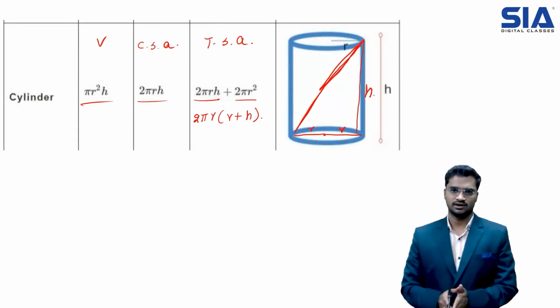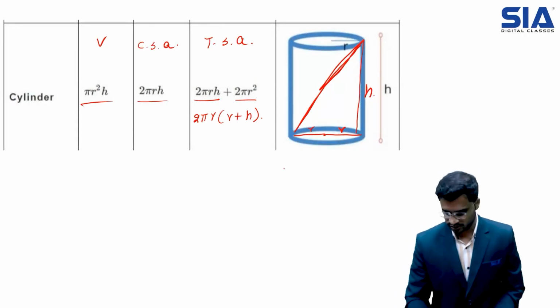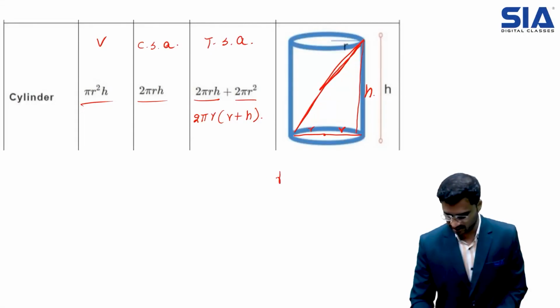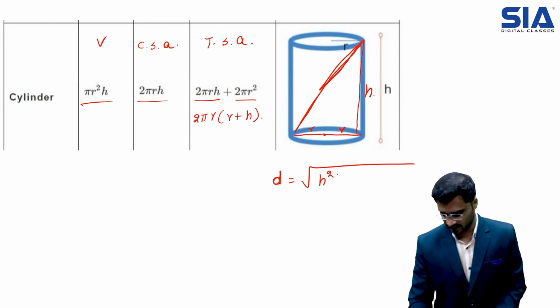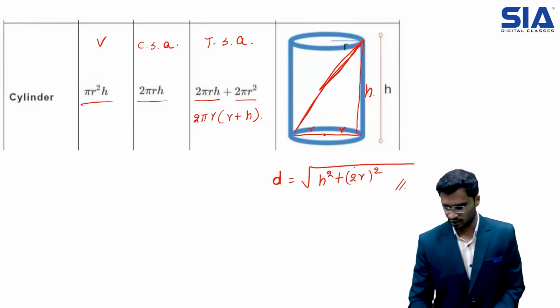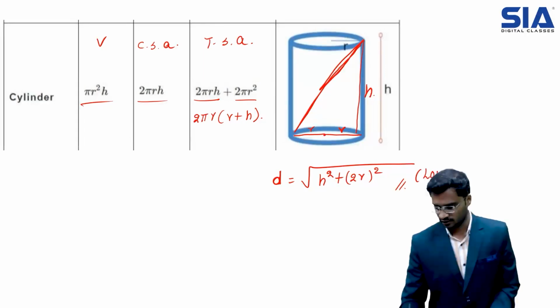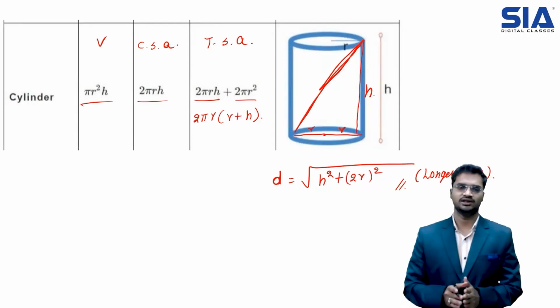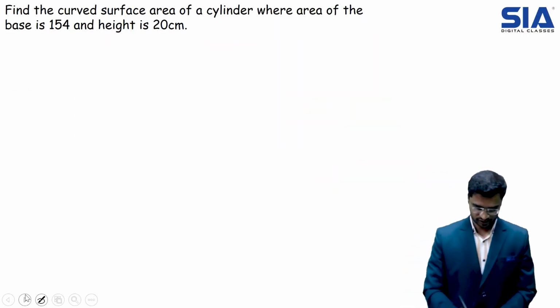By using the Pythagoras theorem I can find the longest pole. Let us take that as d, which is the square root of h square plus 2 times r whole square. This is the formula for the longest pole in a cylinder.